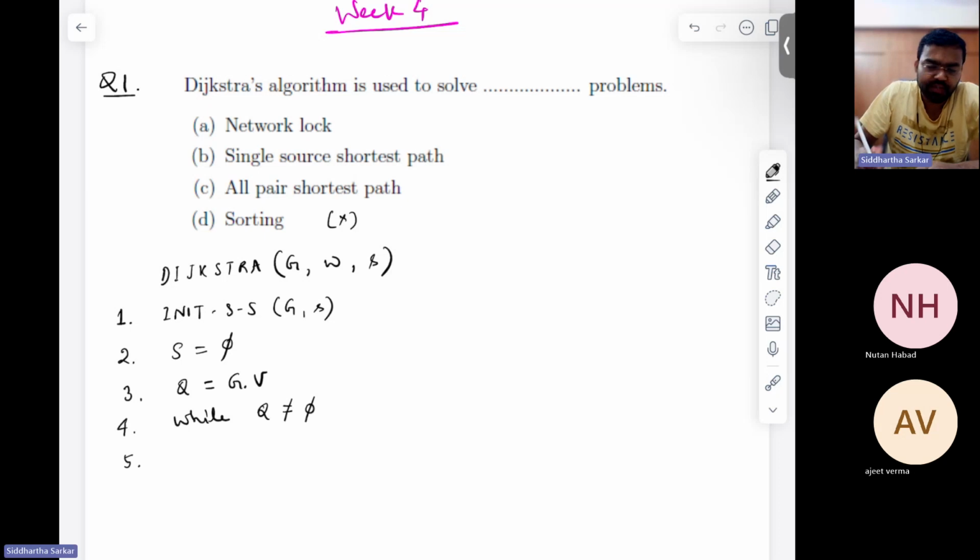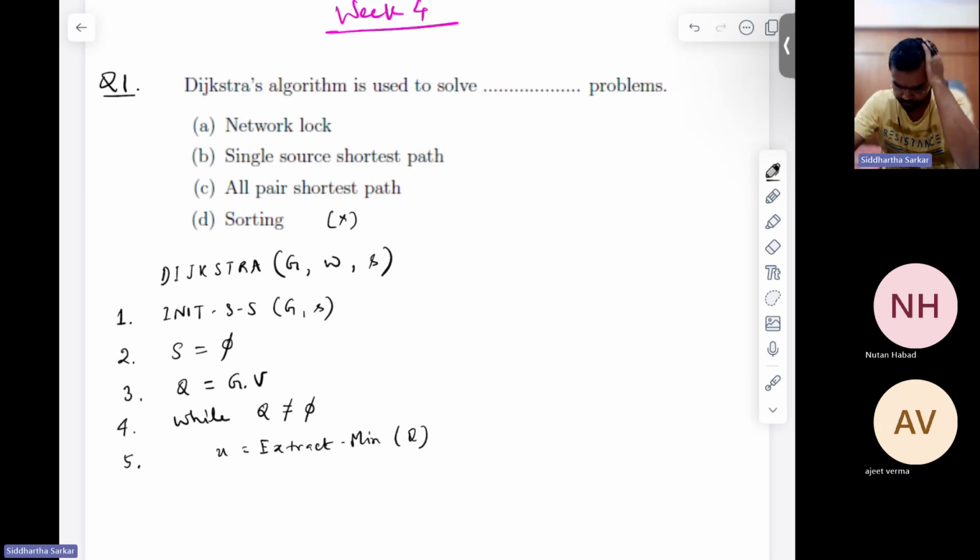So what do we do inside the while loop? We extract the minimum element from the Q. When we initialize the single source, we also set the values corresponding to these vertices, the shortest path estimate.